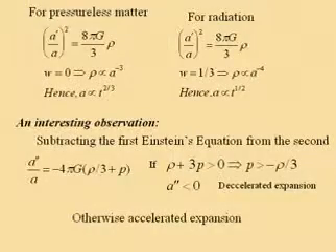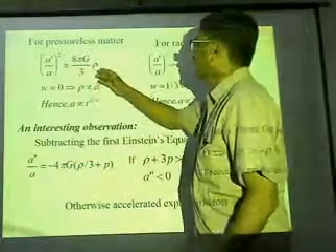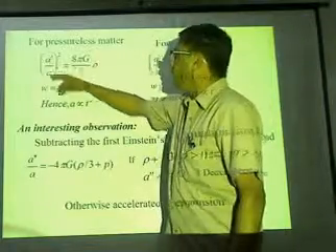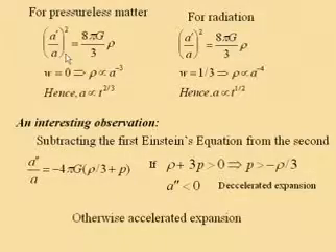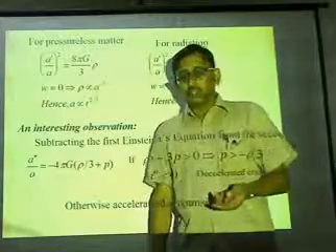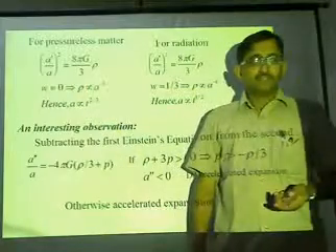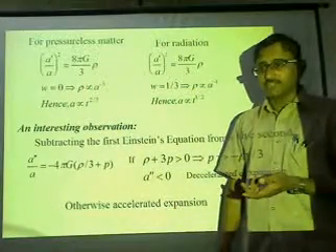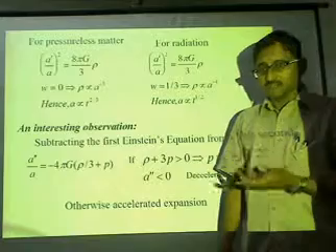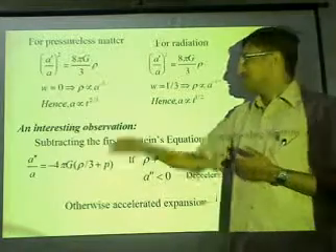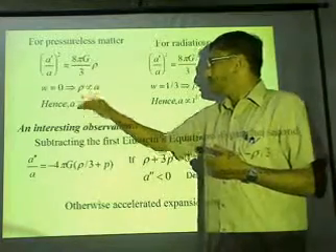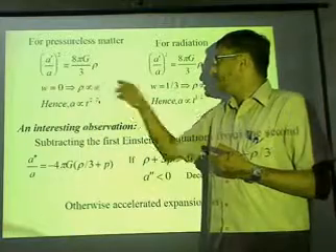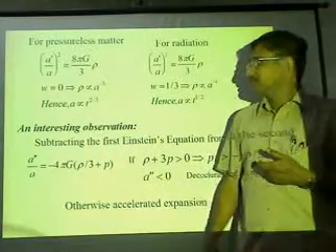Now for pressureless matter, we have A dot squared by A squared equal to 8 pi G by 3 times rho. And for pressureless matter, if I substitute W equal to 0 in my previous equation, which was a reflection of the first law of thermodynamics, we will get rho, the energy density, going as 1 by A cubed.